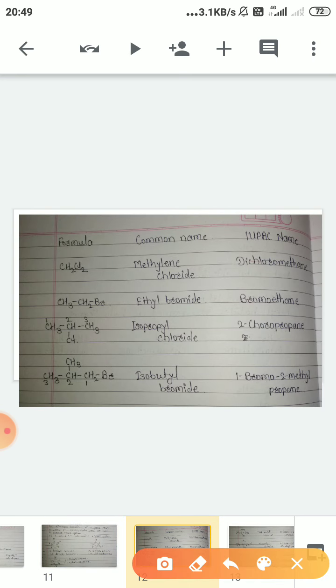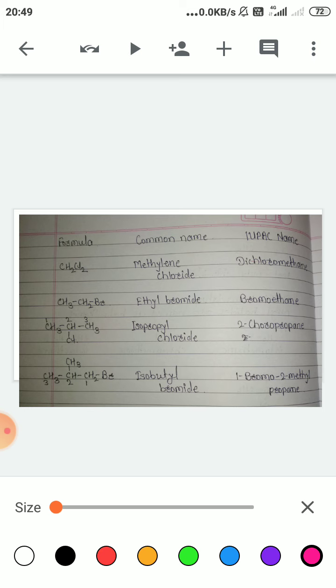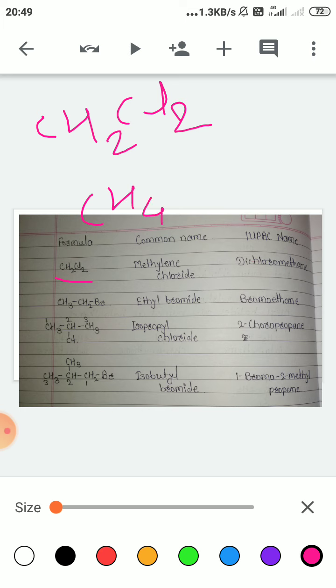Now we will see more examples of common names as well as IUPAC names. First we have taken CH2Cl2. It is a derivative of methane, CH4. Out of these 4 hydrogens, 2 hydrogens are replaced by 2 chlorine atoms.